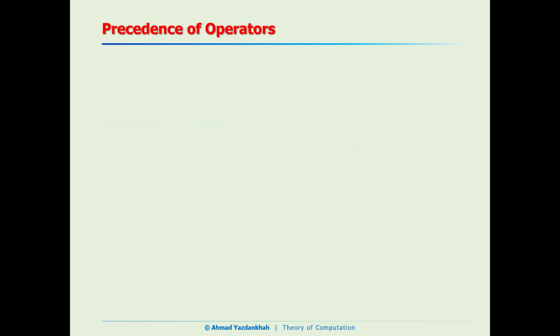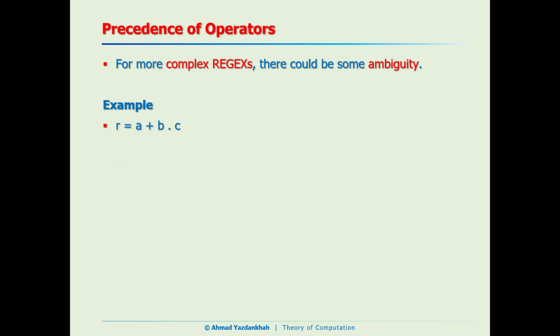Now let's talk about the precedence of the operators. If we have a little bit more complex regexes, then there might be some ambiguity. What do I mean? Let me take an example. Look at this. Which operator has a higher precedence, plus or dot? Let me be more specific.